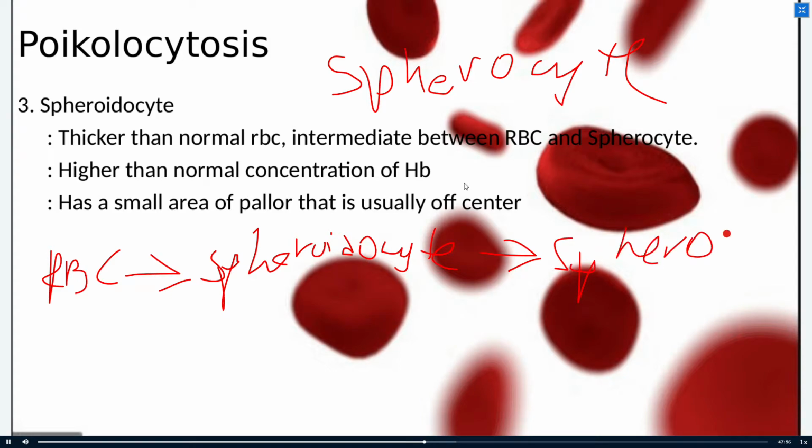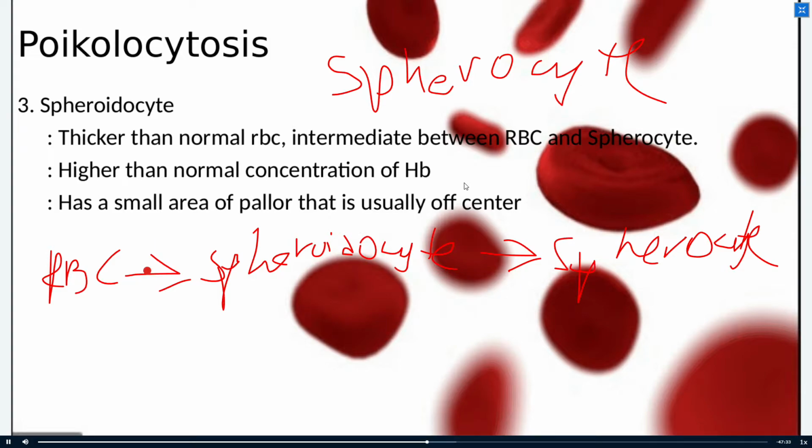So when you're going to be asked in your exam, what is the stage that comes before your spherocyte? It would be your spheroidocyte. It contains higher than normal concentration of hemoglobin, and has a small area of pallor that is usually off center.